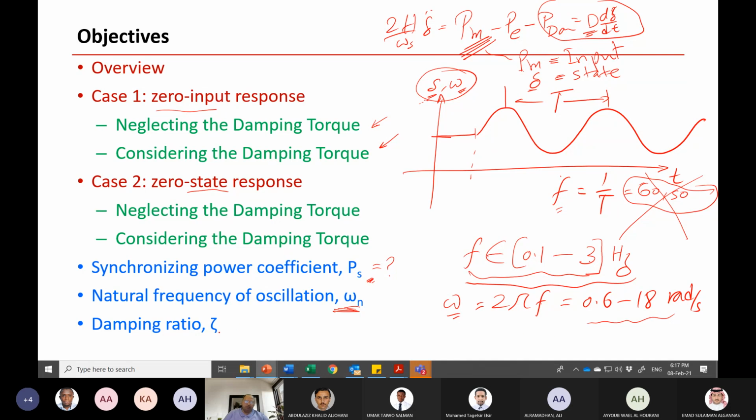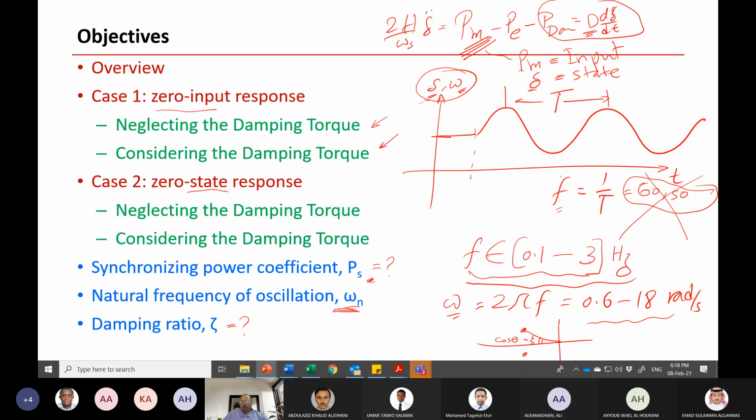Damping ratio. How much is the damping ratio, zeta? If you have the poles here, this angle's cosine gives you zeta. Cosine theta.